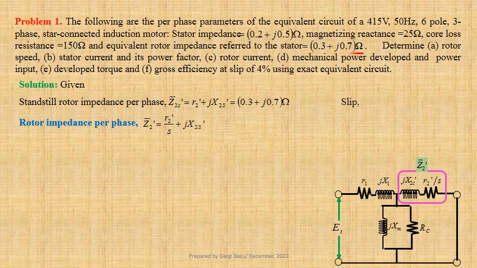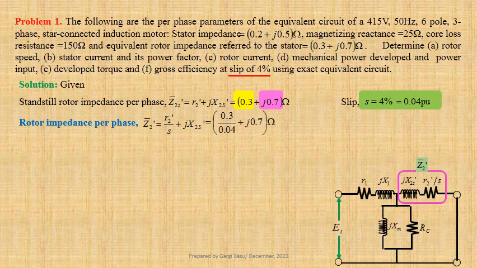Given slip S equals 4%, that is 0.04 per unit. Therefore, Z2' equals 0.3/0.04 plus j0.7 ohm. That gives us 7.5 plus j0.7 ohm.